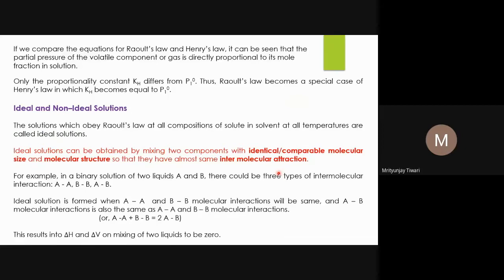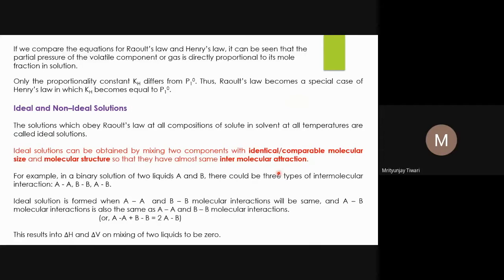But if their molecular size is comparable and their molecular structure is comparable, I am talking about their functionality. If the functionality of the molecular structure is the same, it means the interaction between the molecules of the two components will be the same.